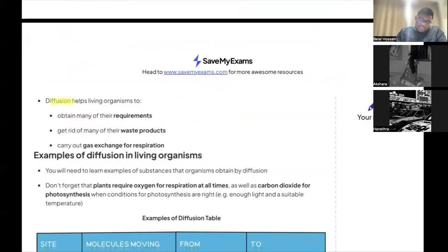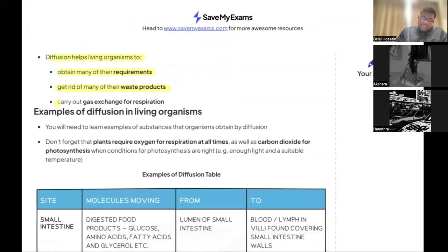Now, diffusion helps living organisms to obtain many of their requirements, to get rid of many of their waste products, and carry out gas exchange for respiration. In examples of diffusion in living organisms, we also need to think about plants. Plants also need to do diffusion.